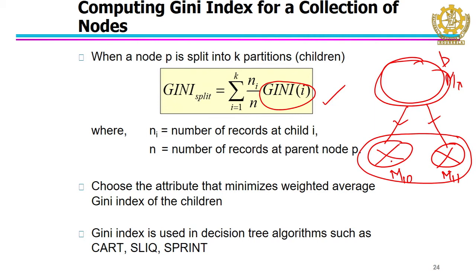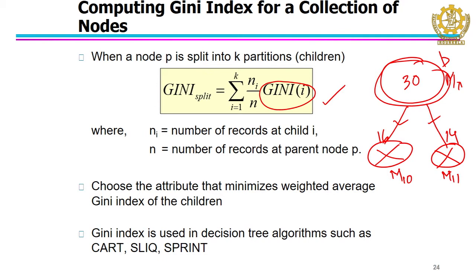Suppose there are 30 nodes here, and the left side node, based on the condition, has 16 nodes; obviously 14 nodes will be on the right side. So, now you take the weighted sum.